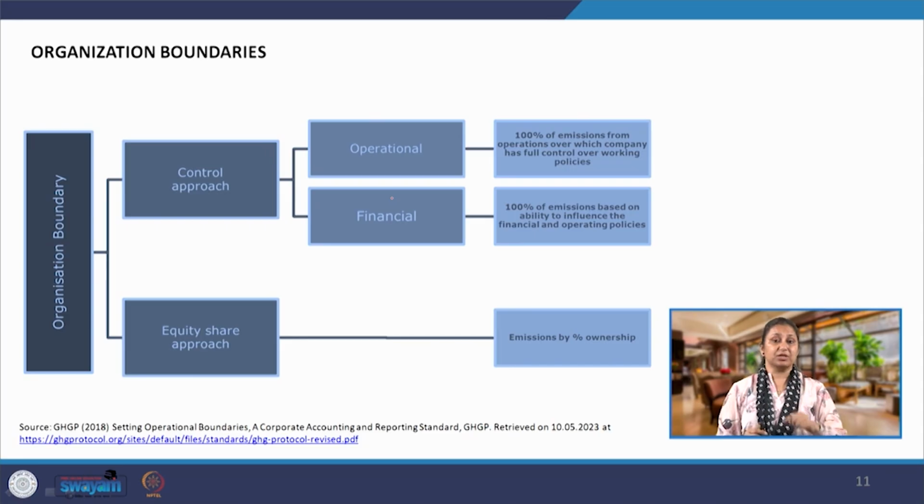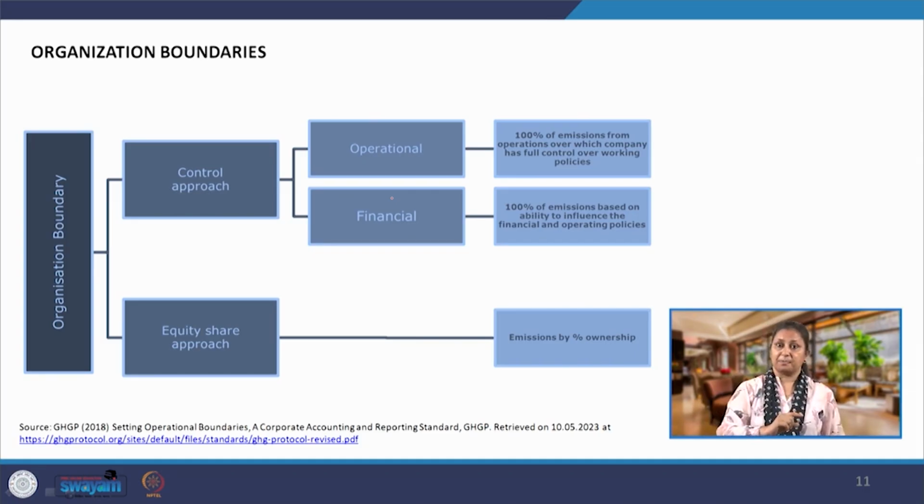But when it comes to financial control, I might have an agreement saying that for the next 3 years, the smaller vendor is going to manufacture this particular part only for my automobile company, and I will be controlling its financial operations, because I have signed this MOU that he can make parts only for my company and no other company for this duration. There I have some financial control over the operations of that company.